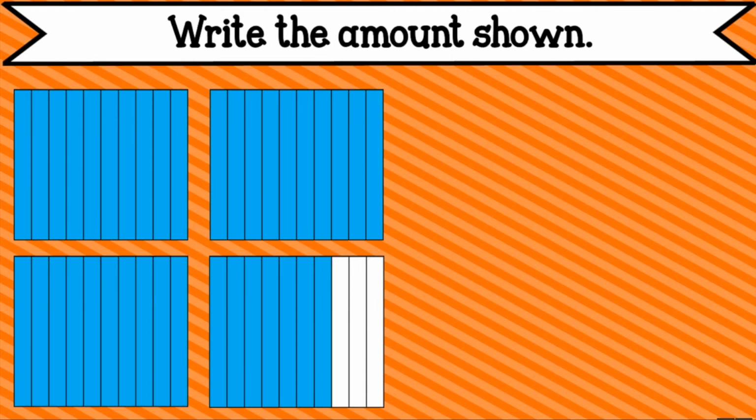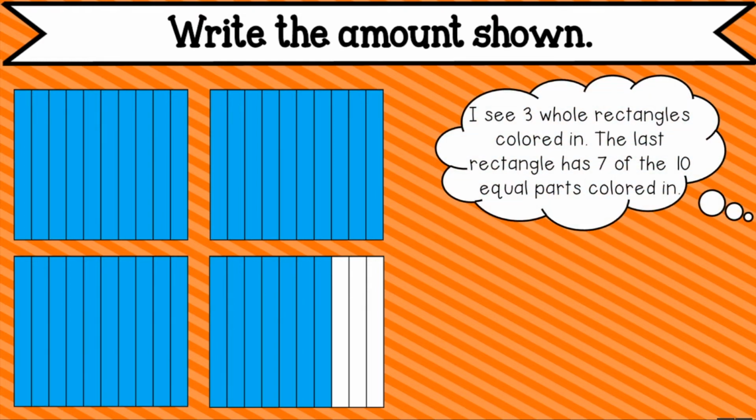So what would the decimal look like in this case? I want you to either pause the video or if you've already written it, you can go ahead and check your answer now. So you see the 3 whole rectangles are colored in. The last rectangle has 7 of the 10 equal parts colored in. So this is 3.7. So 3 is the whole number and 7 represents 7 out of 10 colored in for the last one. All right, so let's do the next one.